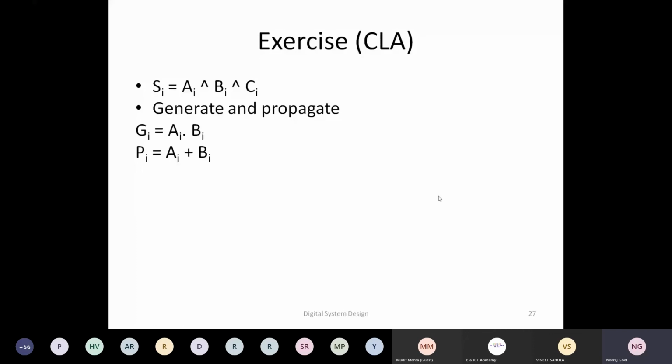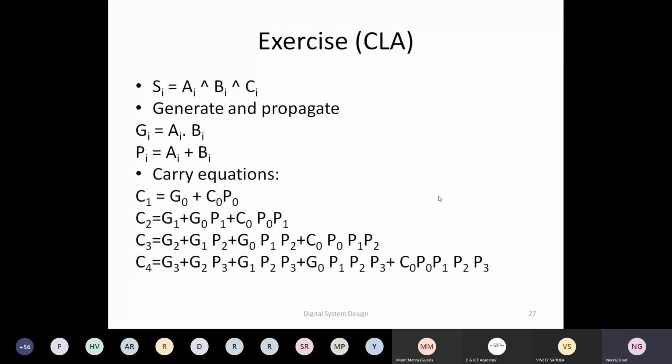For generate, we use Gi equal to Ai AND Bi, and for propagate we use the OR of these two. These generate and propagate signals are available as soon as Ai and Bi are available. Then we can use these carry equations: C1 would be written like this, then C2, C3, C4. These equations we can write and implement in our Verilog, and then we can see what the impact on the delay is.